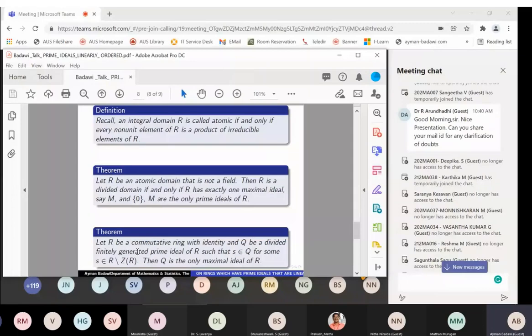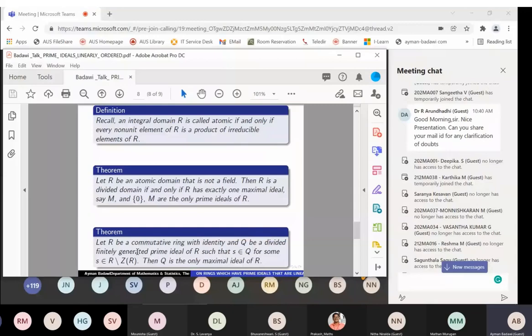And also one more condition: assume there is an s in Q for some s in R, s not equal to 0. This s is not the zero element of R. Then the conclusion: Q has to be the only maximal ideal of R.